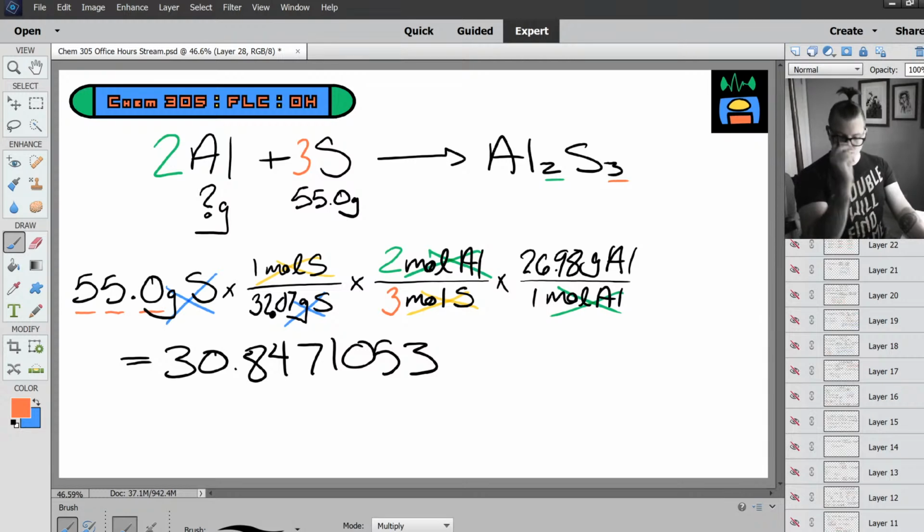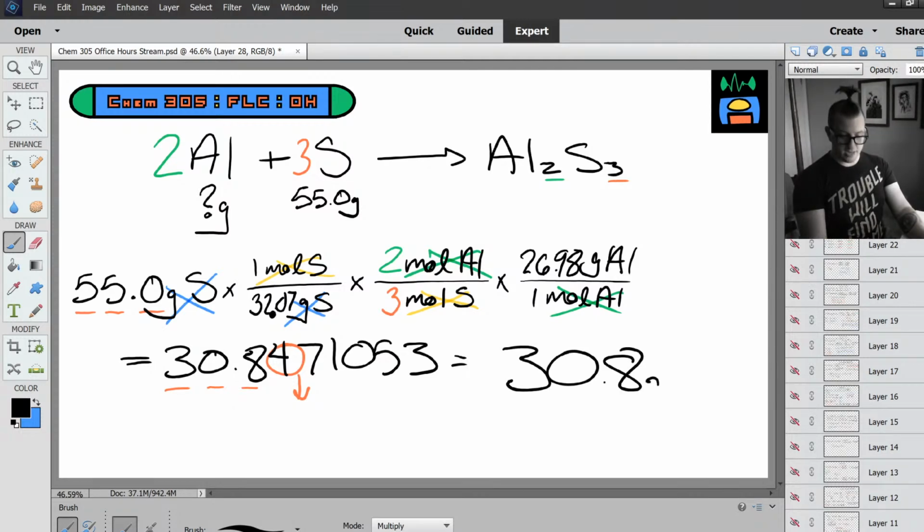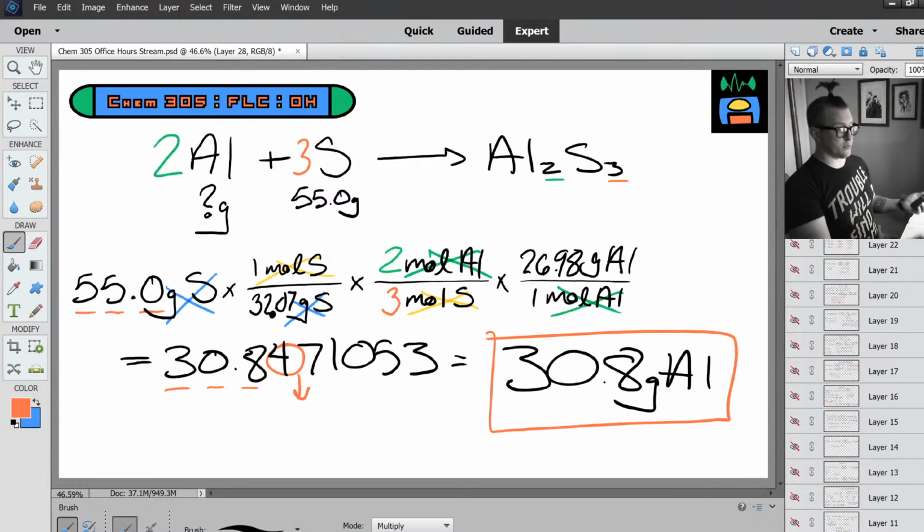We've got a couple other things with 4, but we have to go with the fewest. So we keep 3, and the 4 rounds down. So our final answer will be 30.8 grams of aluminum are required to react with 55.0 grams of sulfur. All right. So that was number 80. Sorry, I couldn't remember.